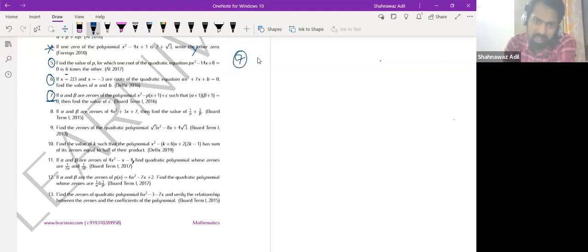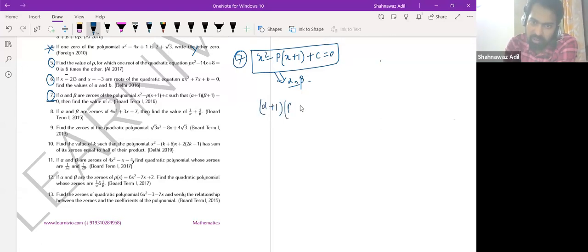It is given that x square minus px plus 1 plus c equals 0. This is a quadratic equation whose roots are alpha and beta. Then it is also given that alpha plus 1 and beta plus 1 is 0. So then we have to find out what this is.